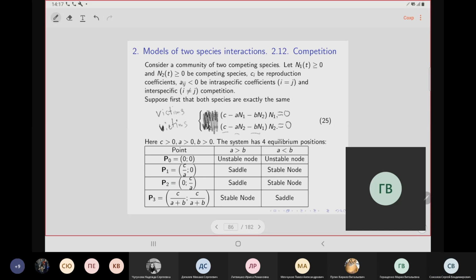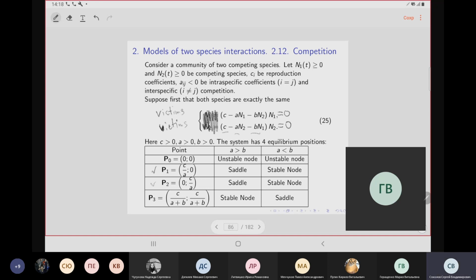These 2 points mean that the second species goes extinct and the first stabilizes near some point, near the capacity of the environment, and the point P2 when the first species dies. It's interesting where is this watershed, what is the border when one species dies and another survives, and the same when the first survives and the second dies.